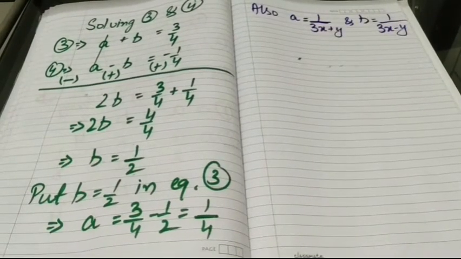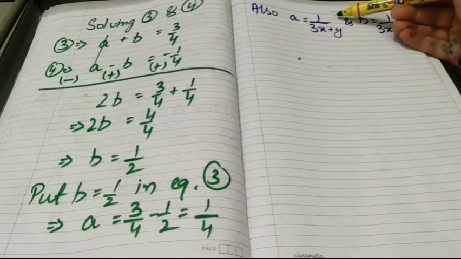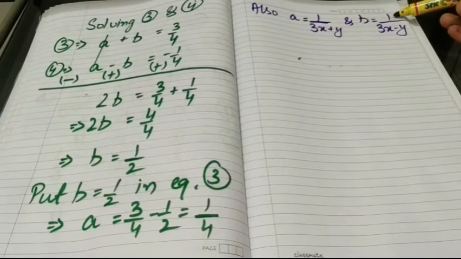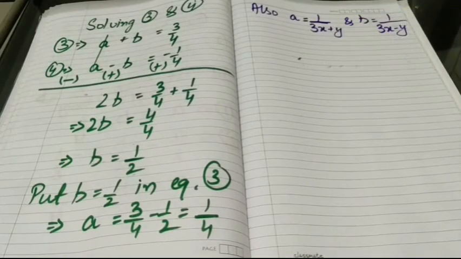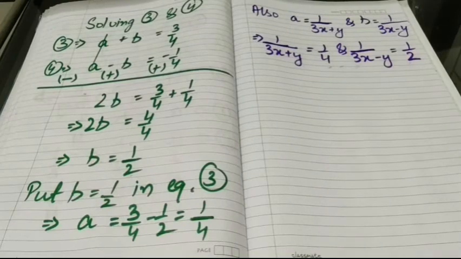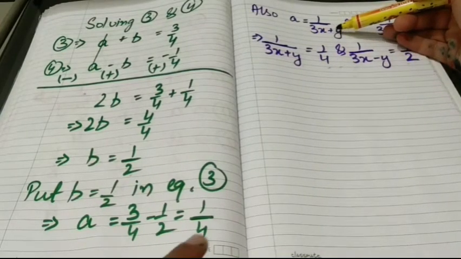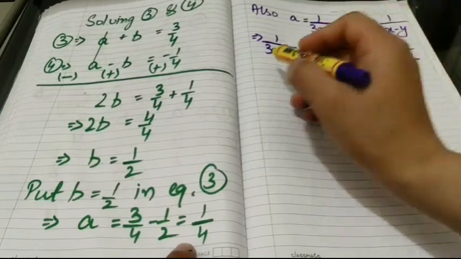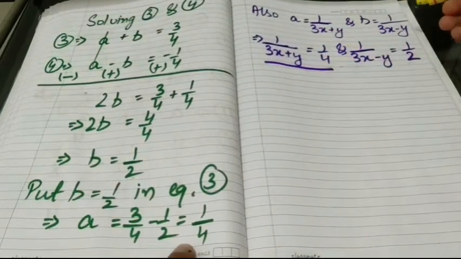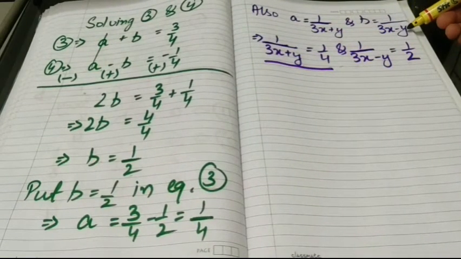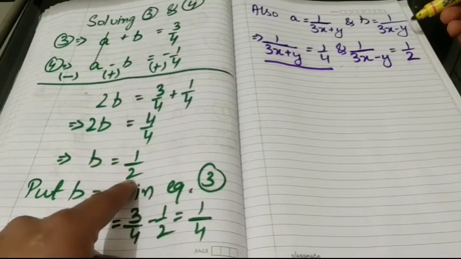Also we know that a equals 1 upon 3x plus y and b equals 1 upon 3x minus y that we supposed in the very beginning. From this we can conclude that 1 upon 3x plus y equals 1 upon 4, and 1 upon 3x minus y equals 1 over 2.